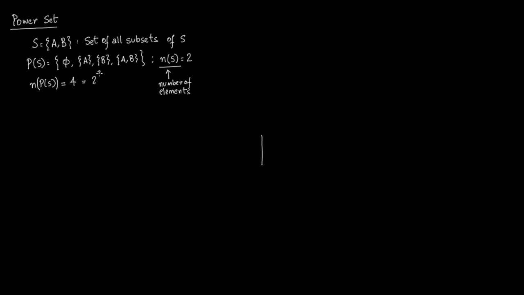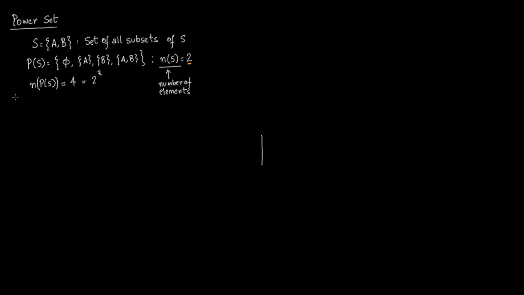So this you can write as 2 squared, 2 to the power of 2. Now this exponent 2 is the same as the number of elements in the original set S.